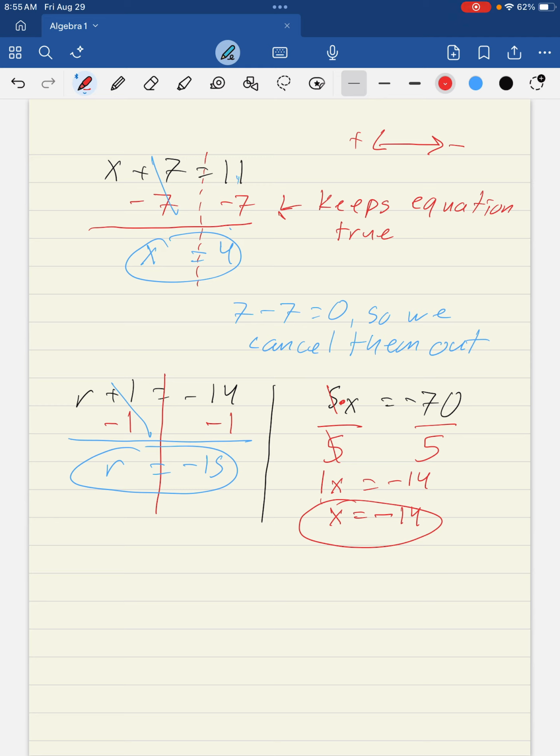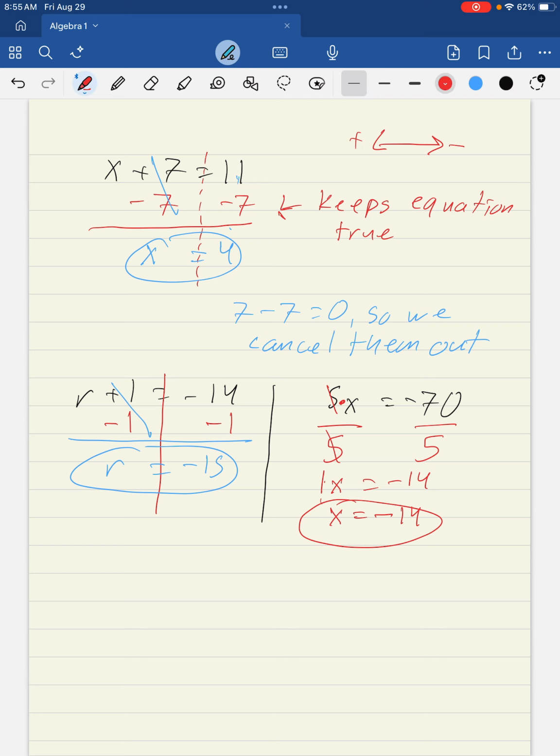It's just easier to write x equals negative 14 than 1x equals negative 14. But you can cancel your 5s and you get a 1, and you can turn the 1 into invisible. A lot of times I will skip right to that second part because I know that 5 over 5 cancels. That's just going to give me a normal x.